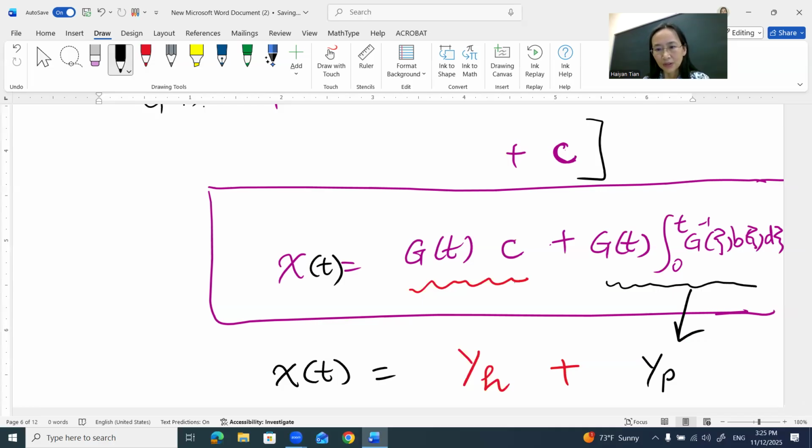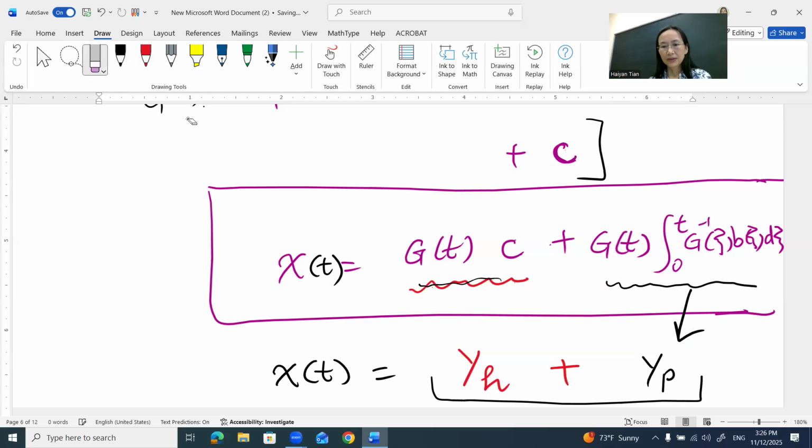And from examination of this representation formula, we realize a homogeneous solution can be added to the particular solution, and then the sum is still a solution to the non-homogeneous problem.